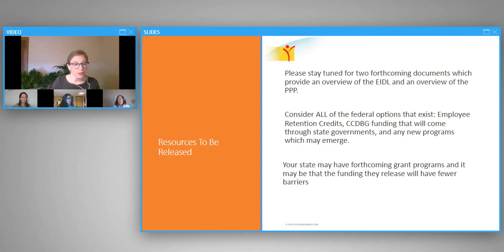The EIDL is a loan that is not forgiven. The terms are available for you to see what repayment would look like. There are portions of the PPP which can be forgiven based on how that funding is used. So there are many questions related to forgiveness about the EIDL. That's a loan. It's not forgiven at this time.